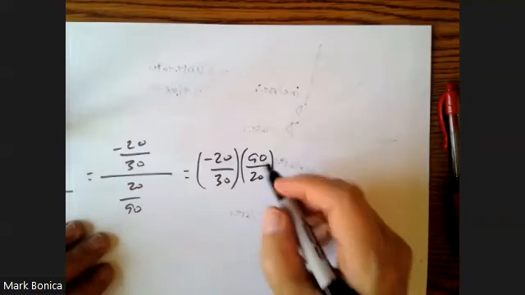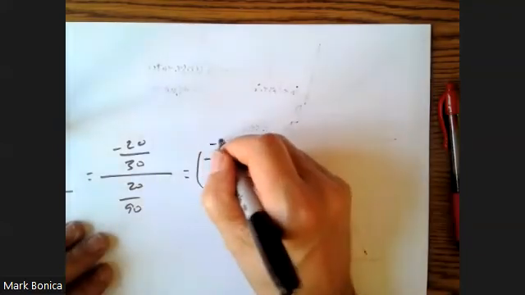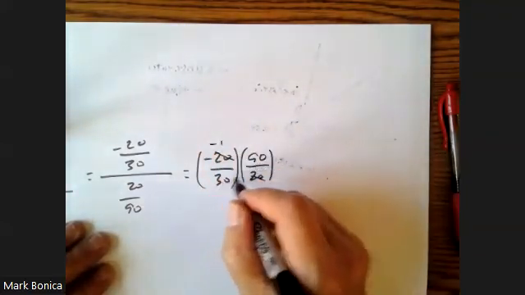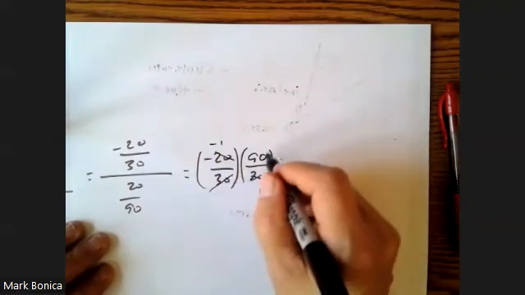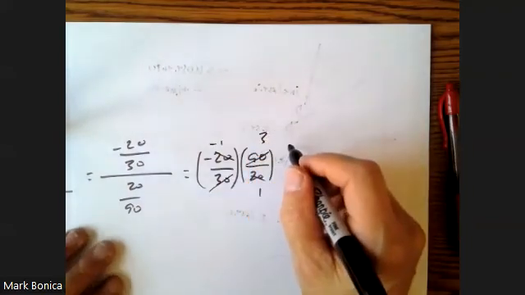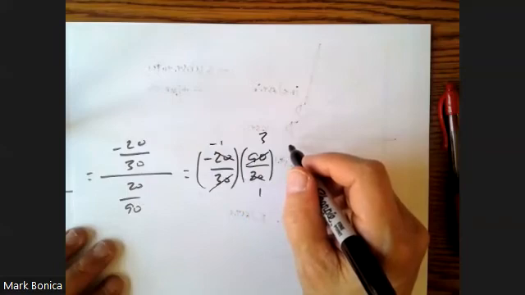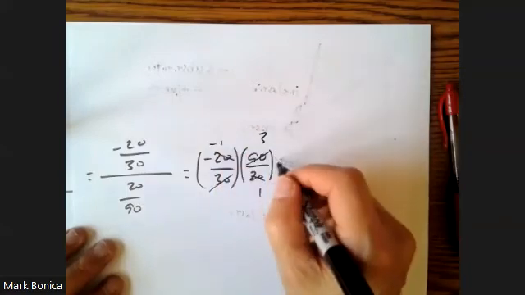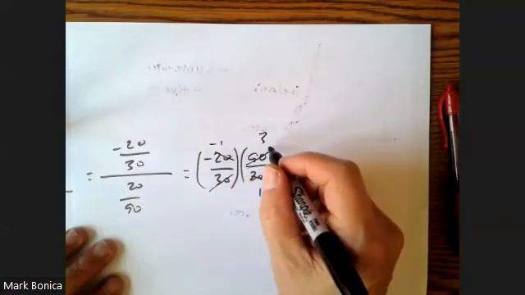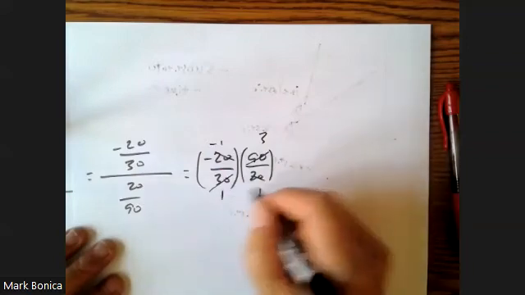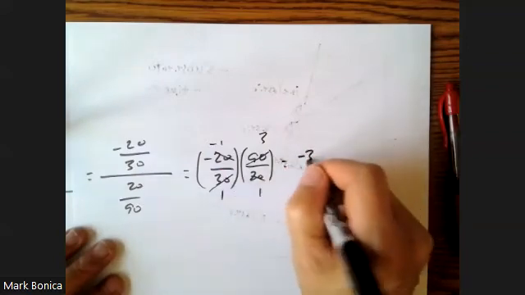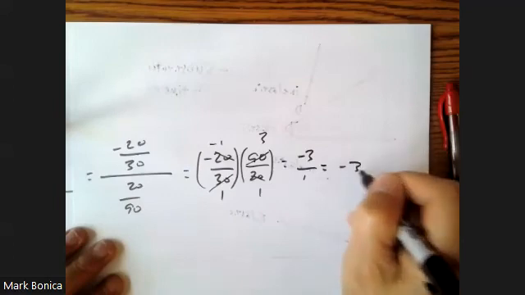Right. And now I can just cancel: 20 over 20 is 1 and 1. And then 30 into 90 is 3. So I get minus 1 times 3 is minus 3, divided by 1 times 1. So I get minus 3 over 1, or just minus 3.